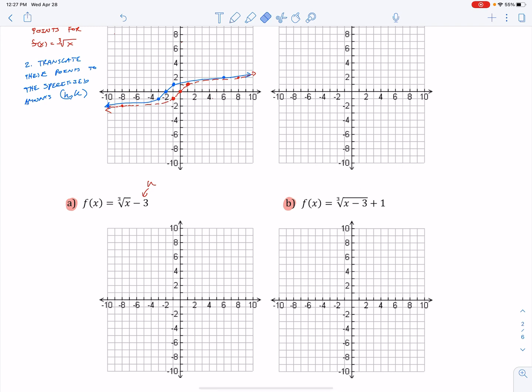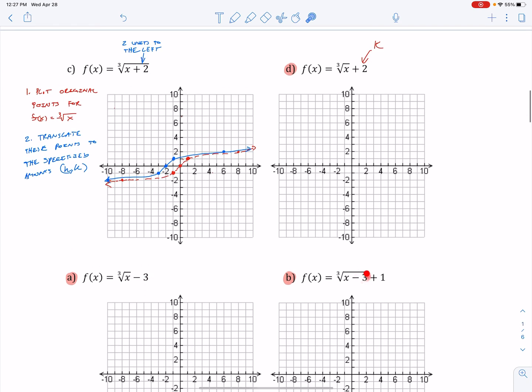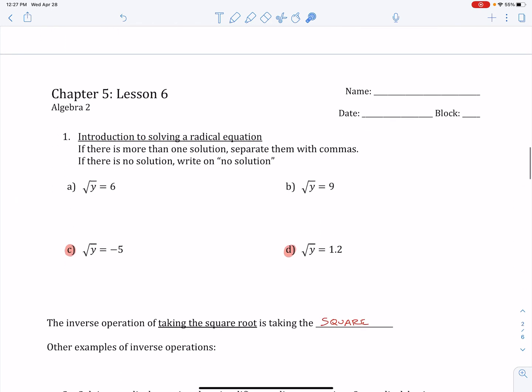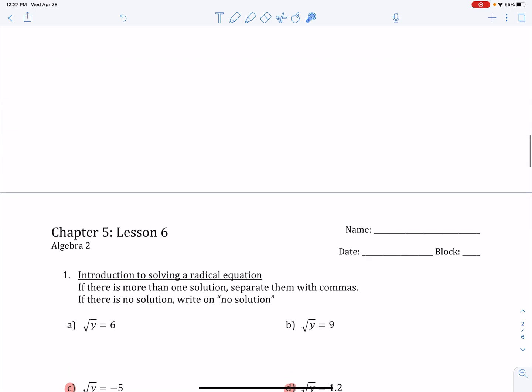This is your k, forgive me, and this is your h, comma k. Alrighty, there we go. Okay, so now that we have those listed out, now we have 5.6 here.